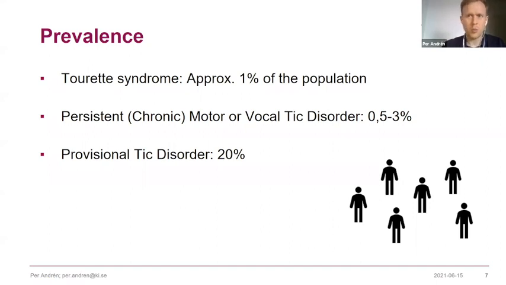If you look at some more modern studies, people also argue this is more or less the same disorder. It's just a spectrum where perhaps persistent chronic motor or vocal tic disorder is a less severe version of Tourette's, which is on the right-hand, more severe side of the spectrum. And the provisional tic disorder might then be on the furthest left of the spectrum, the less severe one.